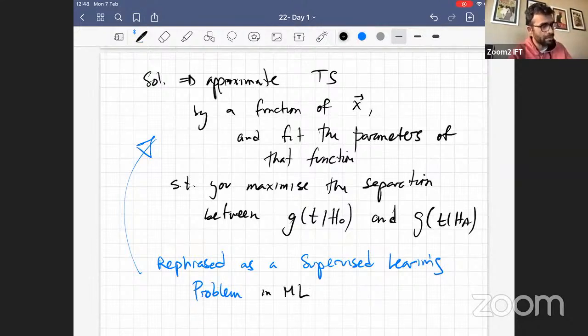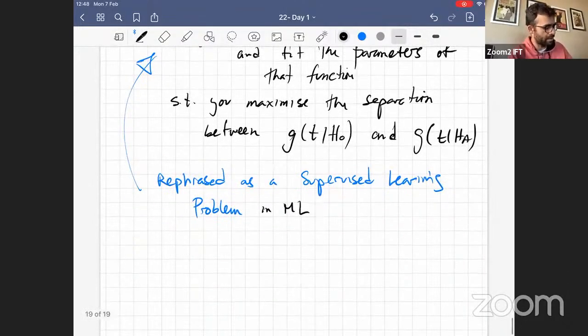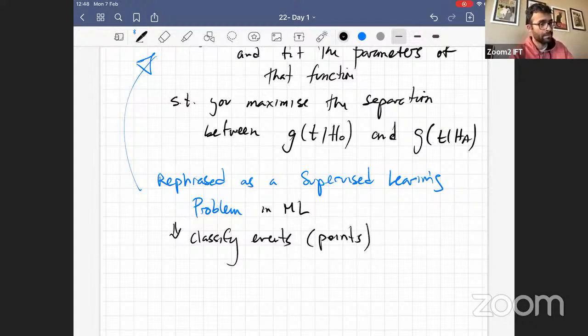In machine learning, the supervised learning problem's idea is to classify. So you classify events or points coming from either one or the other hypothesis, H0 or HA.